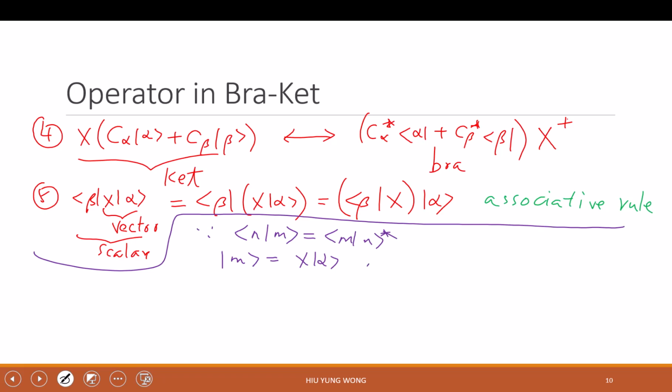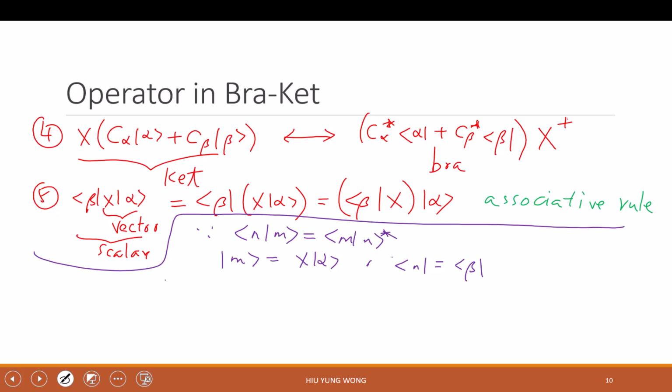And then n equals beta. I'm just trying to use this equation here. So m becomes x alpha, n becomes beta.